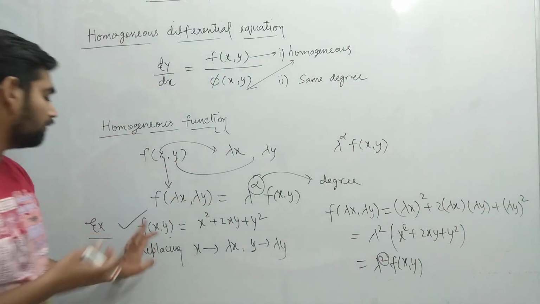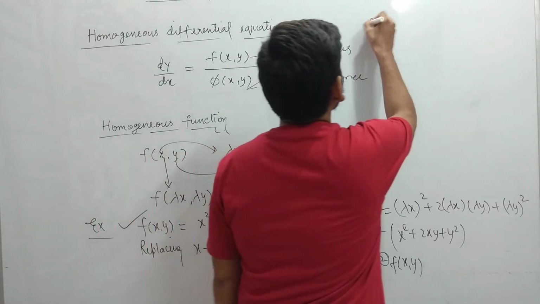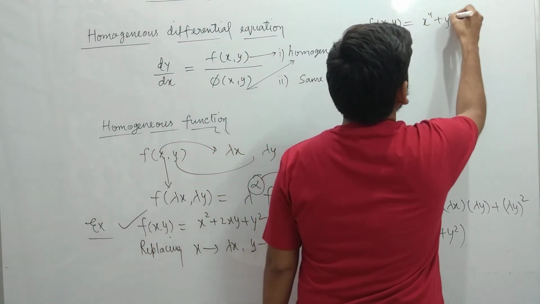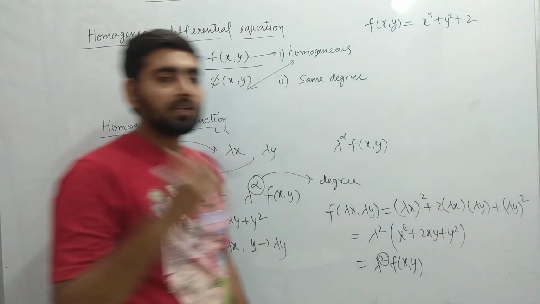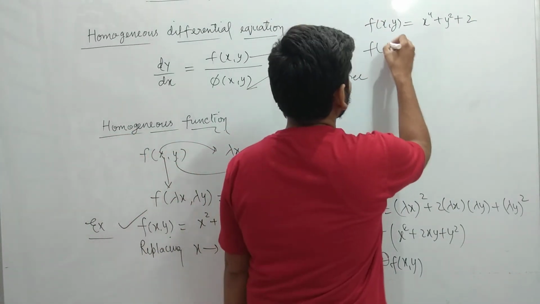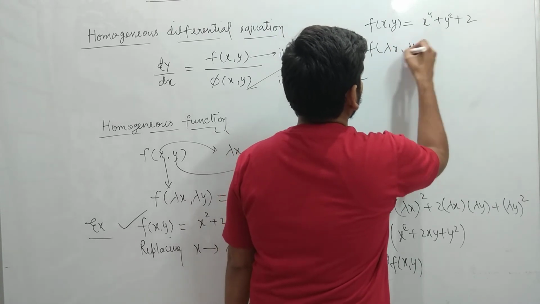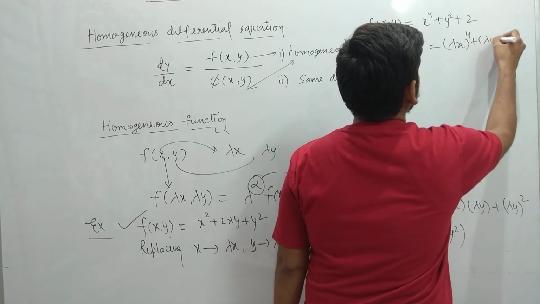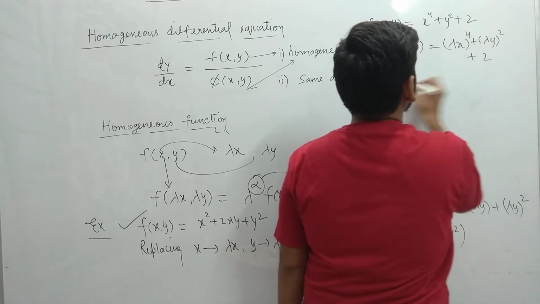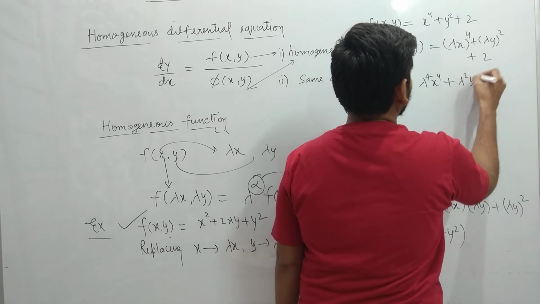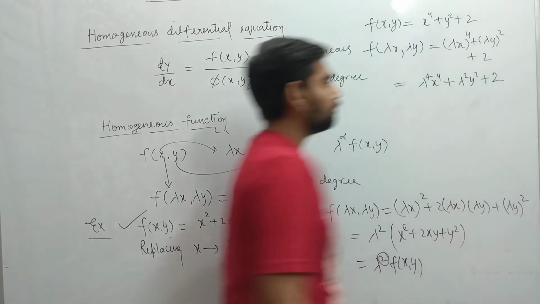Suppose I take the function f(x, y) of the form x to the power 4 plus y square plus 2. Now if I replace x with lambda x and y with lambda y, then what happens? (Lambda x) to the power 4 plus (lambda y) to the power 2 plus 2, that is lambda 4 x 4 plus lambda square y square plus 2.